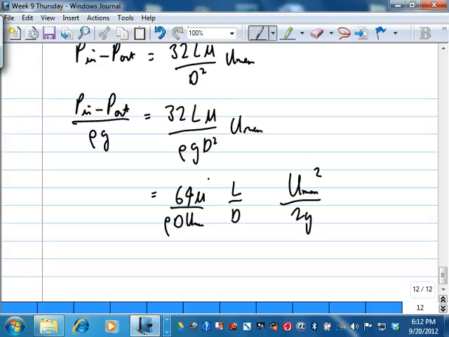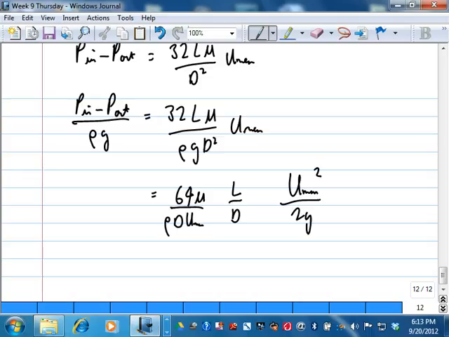Now everything is there. 64 divided by 2 is 32. L is there. Mu comes here. Rho is here. D and D, take your D squared. The G went there. The u mean here, and here u mean squared and here rho. So everything is there.